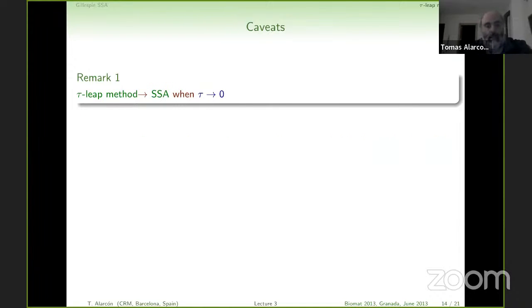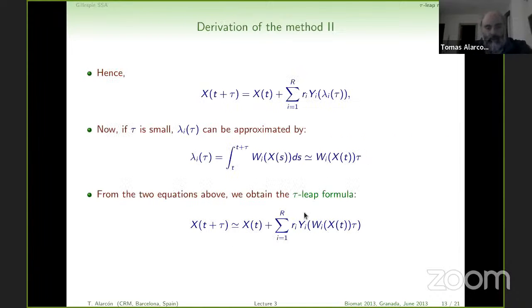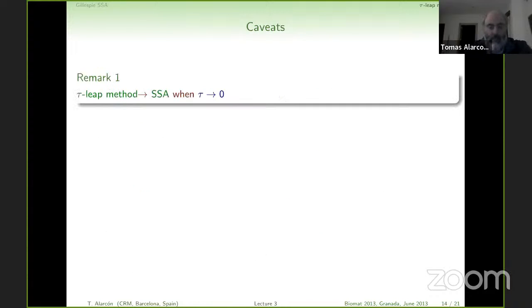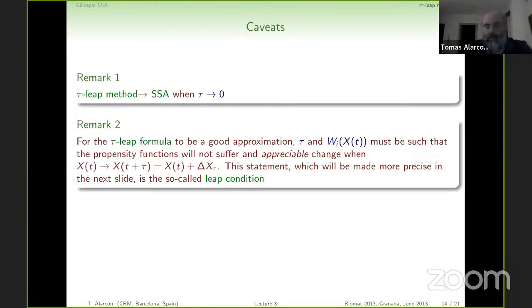This thing here that we have called the tau-leap formula, as Daniel Gillespie called it, for this formula to be a good approximation, both tau and the rates must be such that the propensity functions will not suffer what Gillespie called an appreciable change when x moves from x of t to x plus tau.